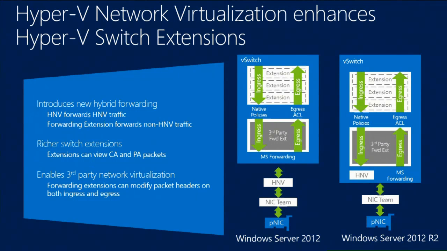However, if it is not HNV traffic, then the extension takes care of forwarding that traffic, which meant you now had the ability to support multiple network virtualization protocols. So as a customer, you're not locked in to using one virtualization protocol, like HNV, for instance. The platform is open and extensible to allow for multiple network virtualization protocols to plug in if that was the desire.